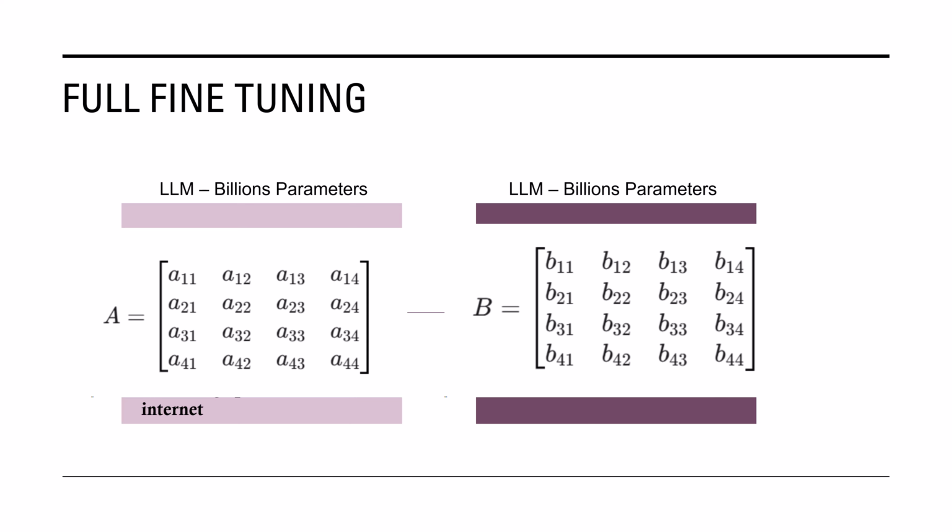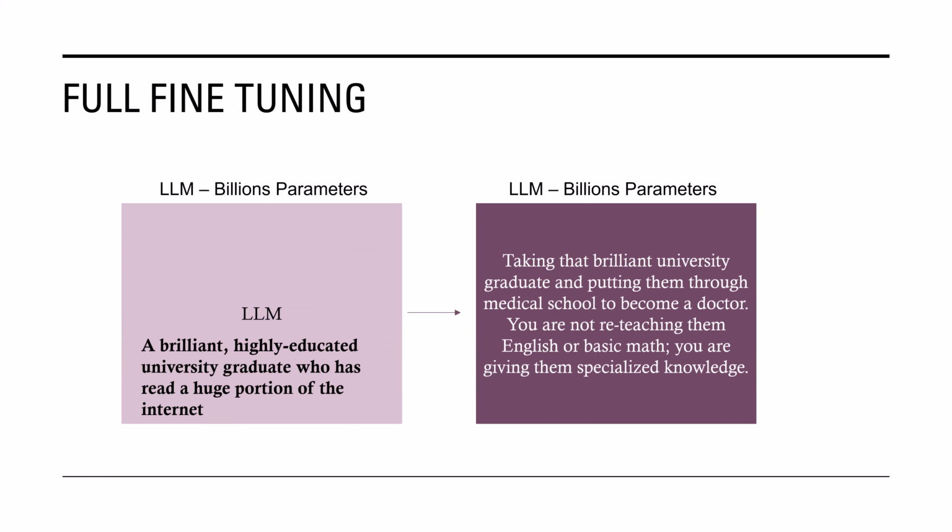The entire model is unfrozen and every parameter is updated via backpropagation. It's essentially a continuation of the pre-training process, but with a focused data set and a specific objective like classification or summarization.